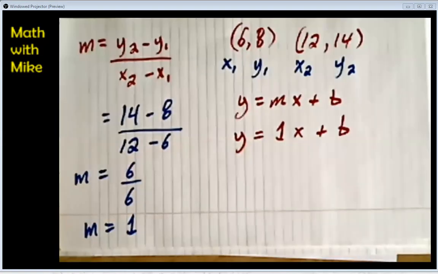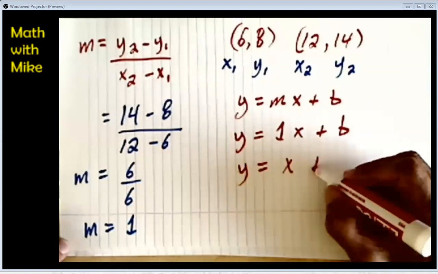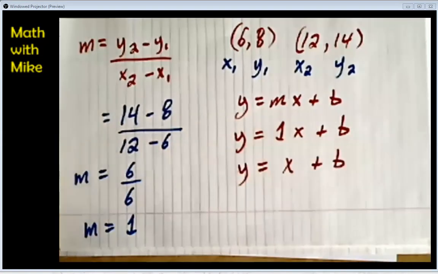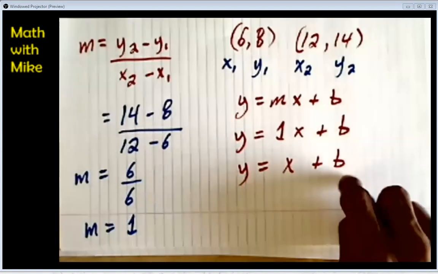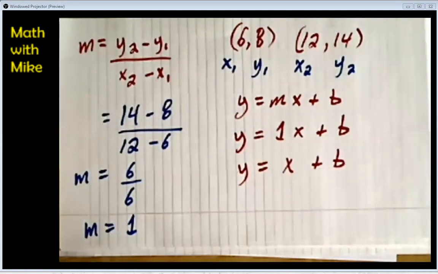Then it would just look like y equals x plus b like that. And part of our mission is done. Our next part is to figure out what b needs to be. So how do we figure out that part?